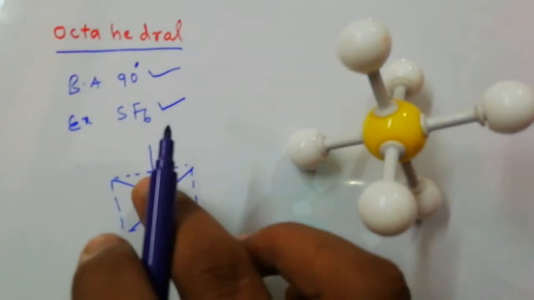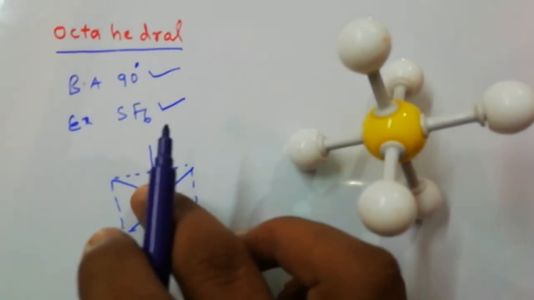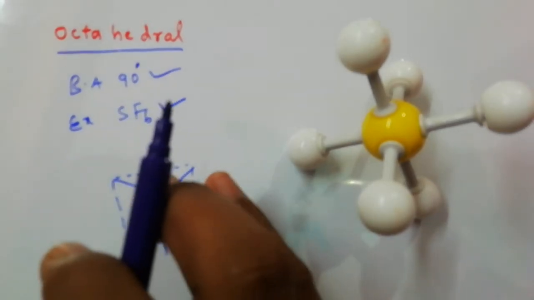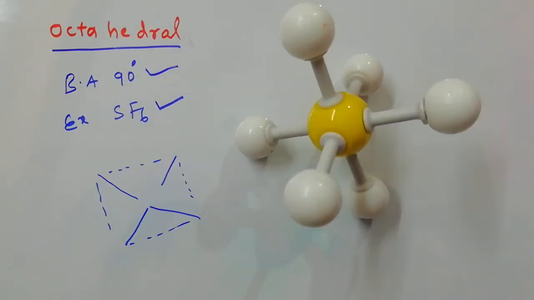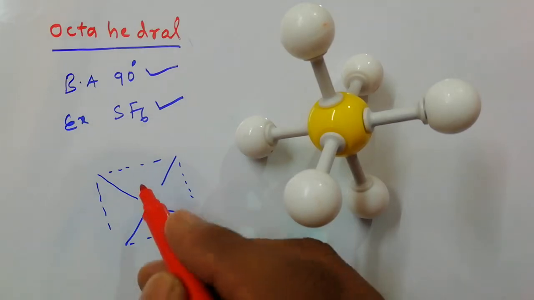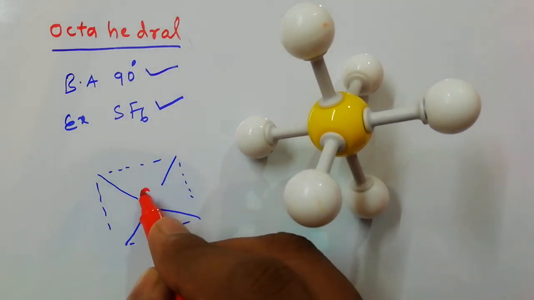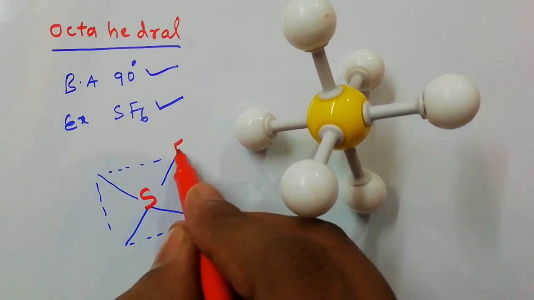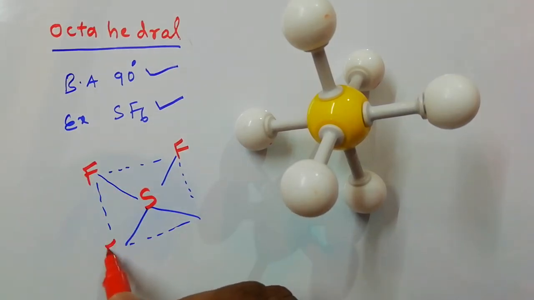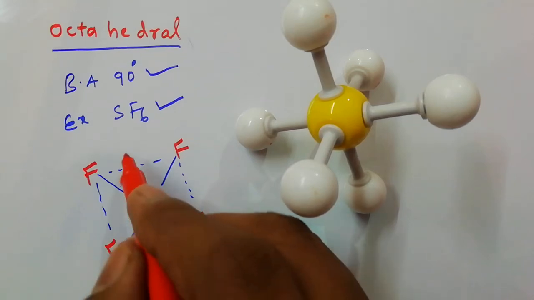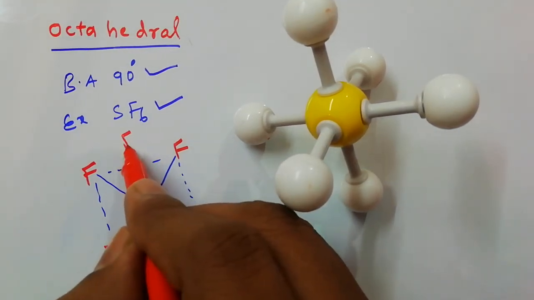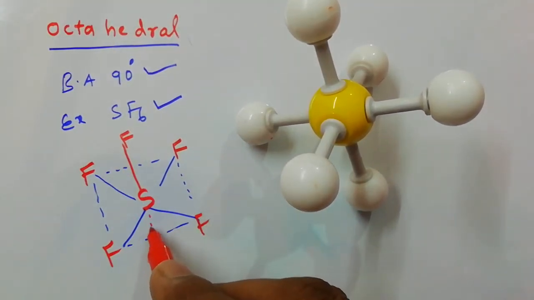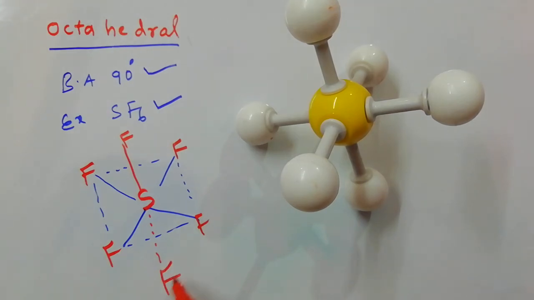So let us take the example SF6. The central atom sulfur is placed over here, and there are four fluorine atoms, and another fluorine atom above this plane, and another fluorine below this plane.